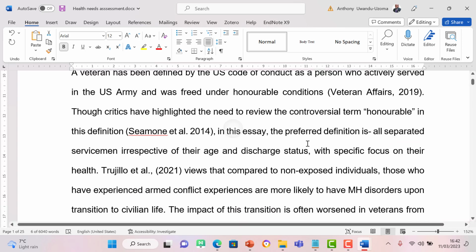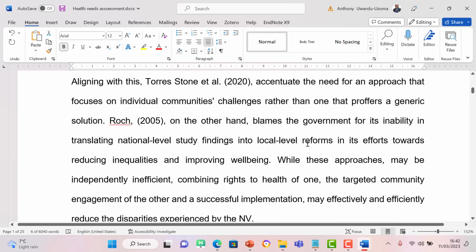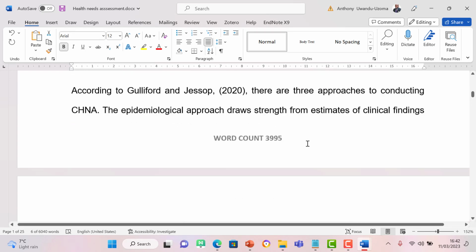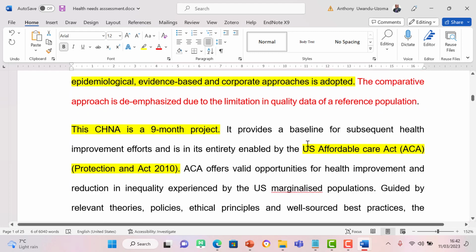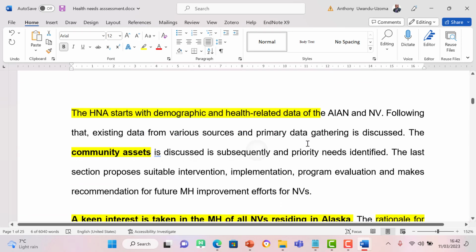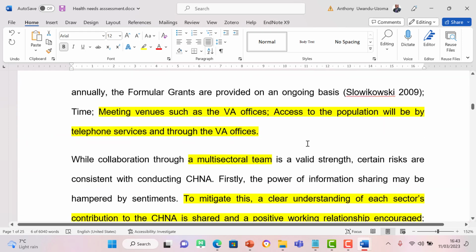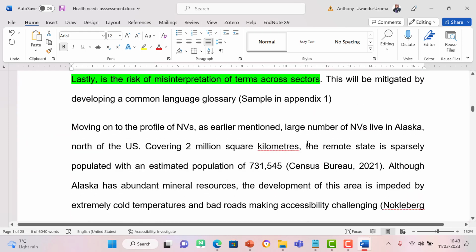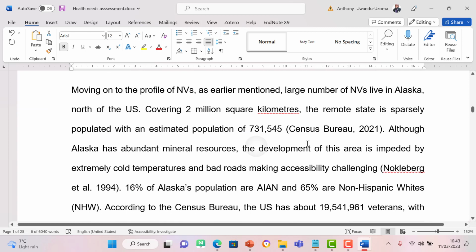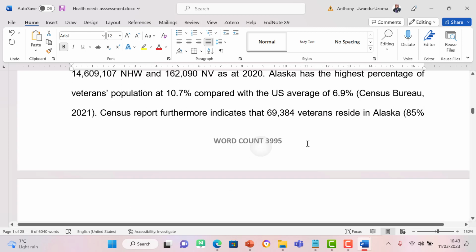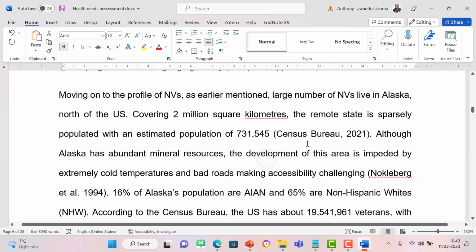So now let's look at the essay again. All right. So let's see what the author did here. Okay, sorry. Here we have talked about the community profile.